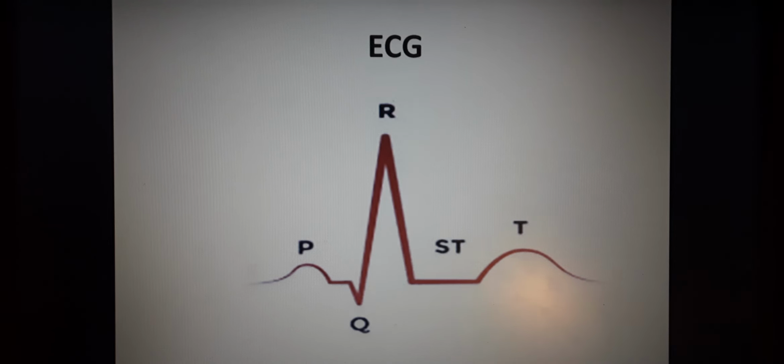Then the T wave represents the repolarization of the ventricles. So, this is the main theme of ECG. Doctors can understand the PQRST curve, and ultimately they can identify whether the heart is acting properly or not.